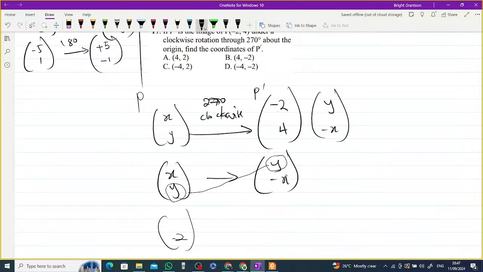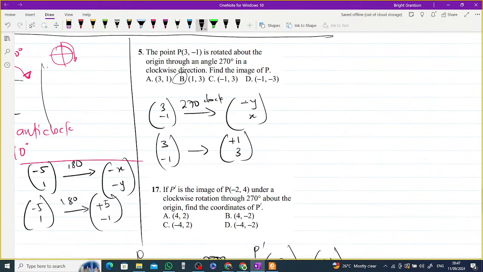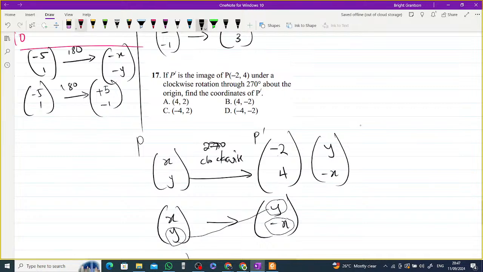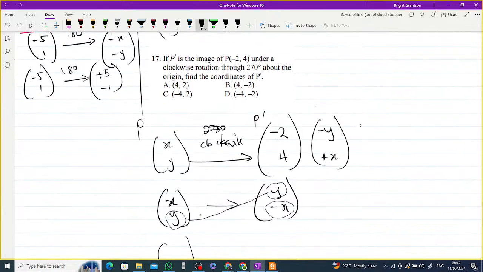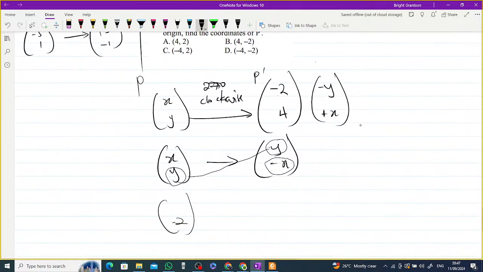But this one should be negative y, and here is positive x. So if here is negative y and here is positive x, this 2 should be positive.